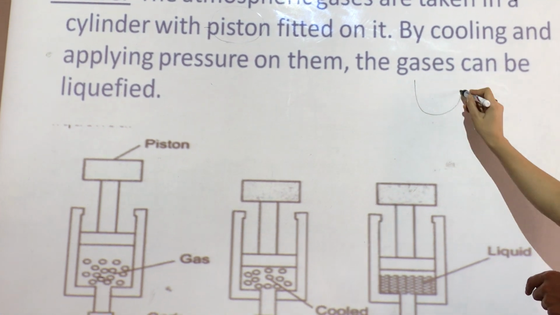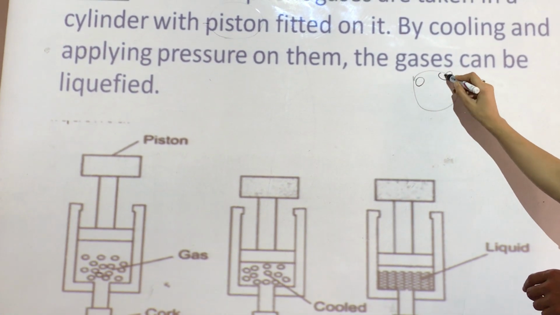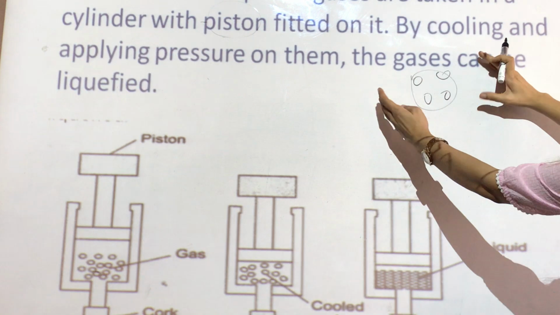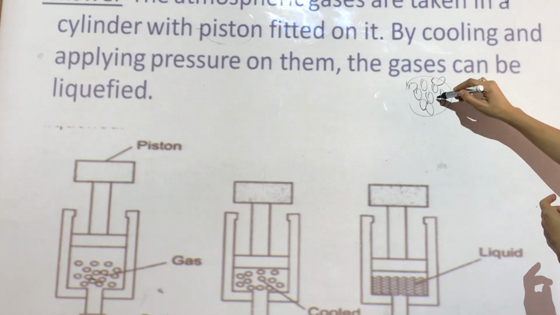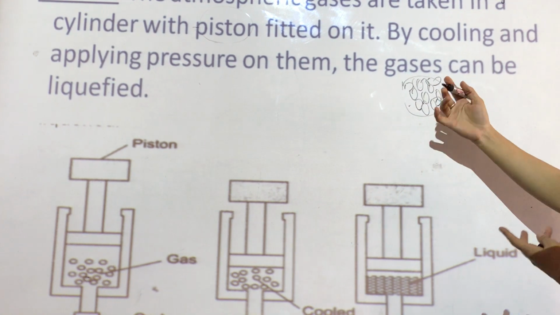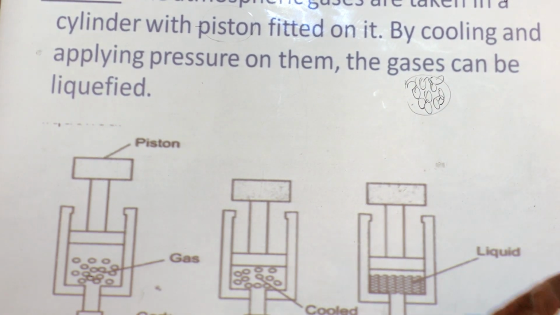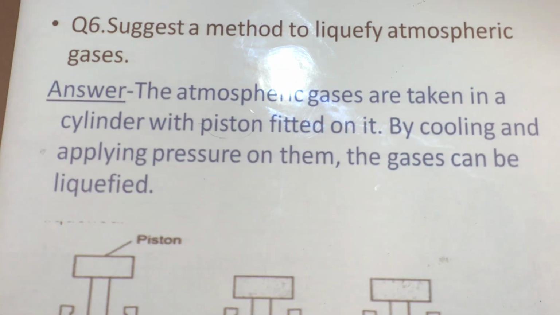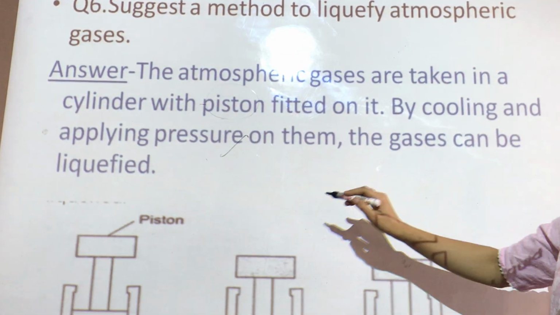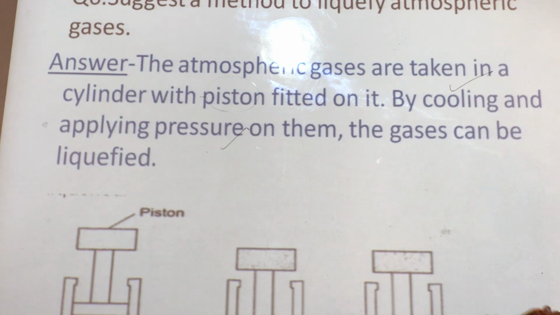When we apply pressure, suppose these are the gaseous particles, they come closer, and when they come closer they form the structure of liquids. Thus atmospheric gases can be converted into liquids by applying pressure and by reducing their temperature, by cooling.